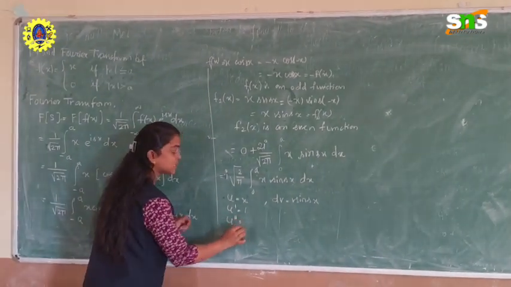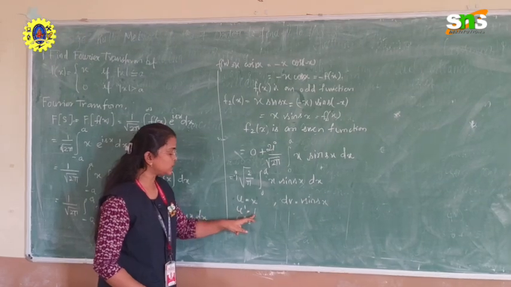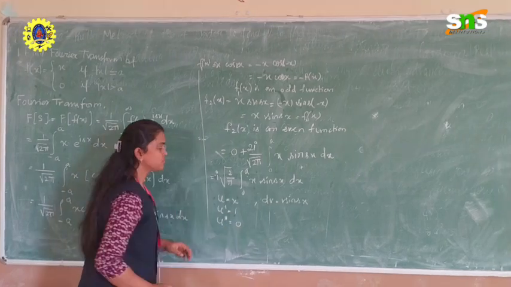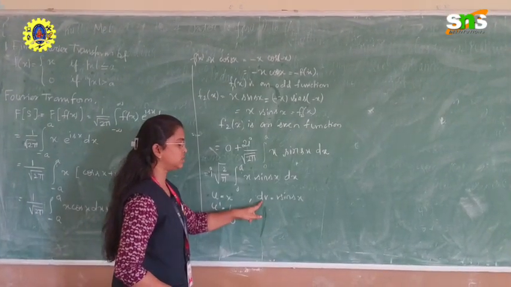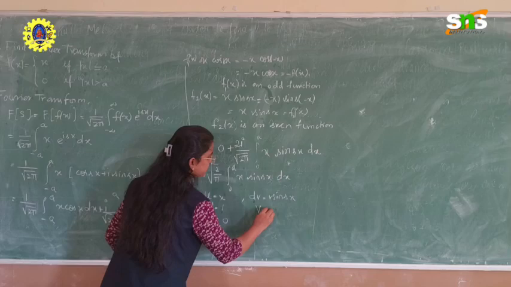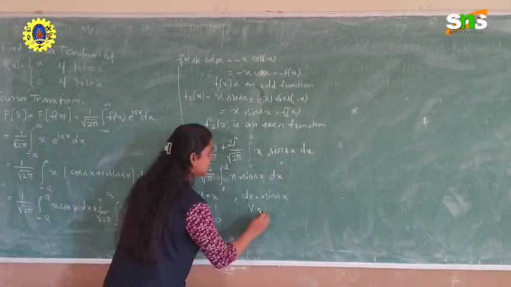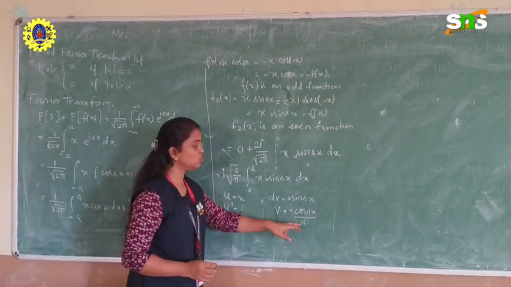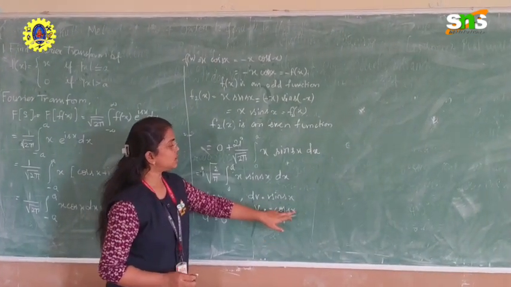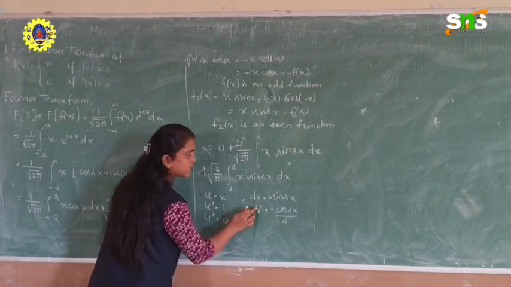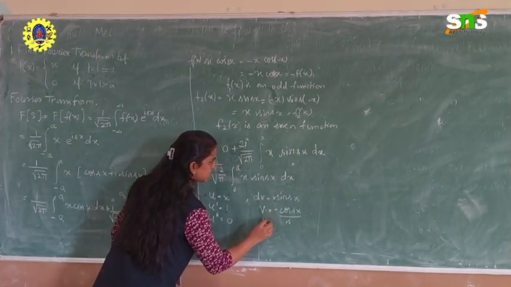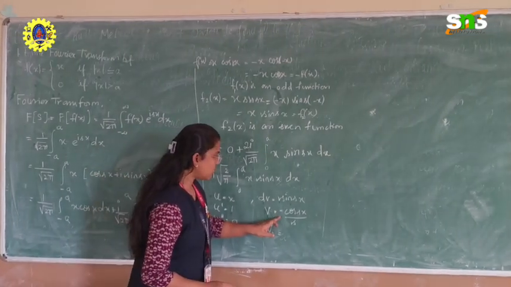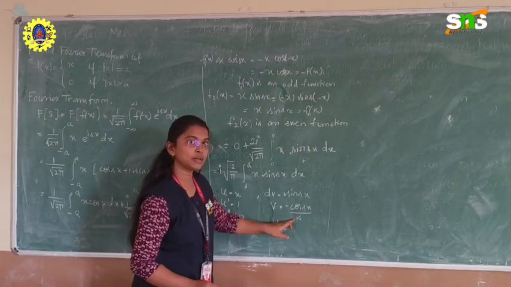The second differentiation, u double dash: the differentiation of 1, or any constant, will be 0. Then you have to write the x coefficient s in the denominator. Now you have to integrate v. I'm just taking this as v1 and this as v2. So minus cos sx divided by s.